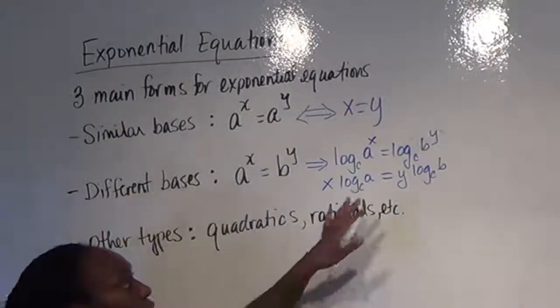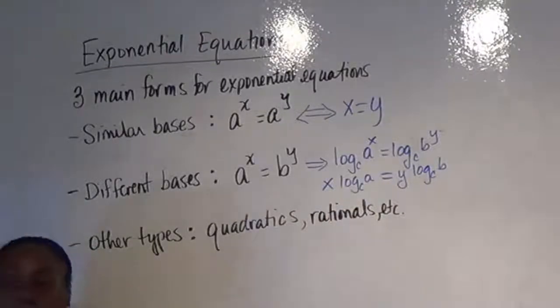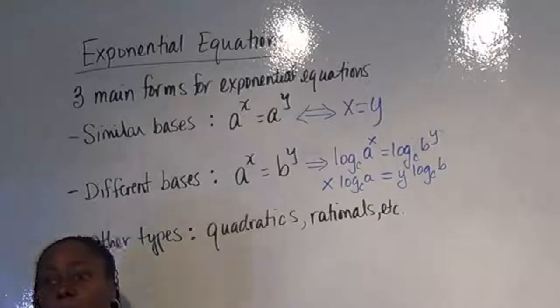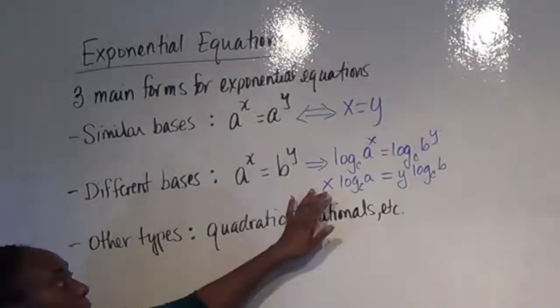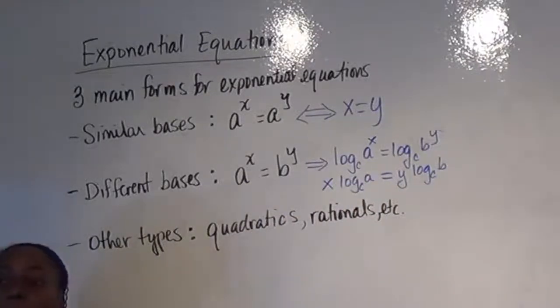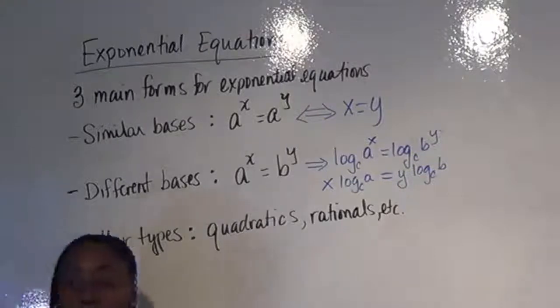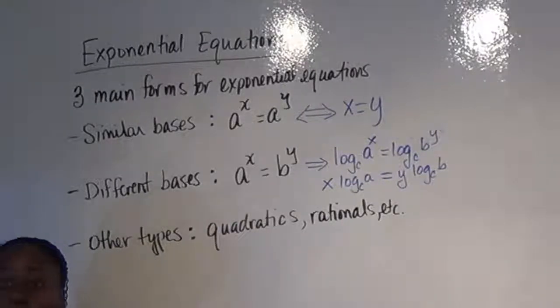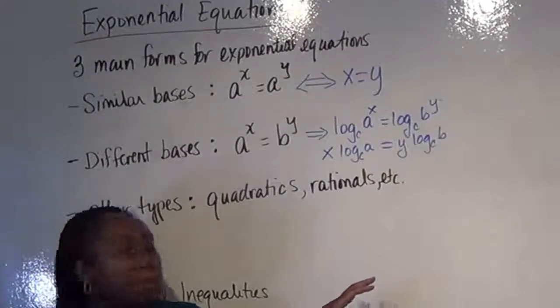And it doesn't look pretty here, but the reason this is nice is because log base c of a and log base c of b are just numbers. And all of my variables are now out of the exponent, and it goes back to solving a linear, a quadratic, a rational, or a radical equation. Things we've done well before this.